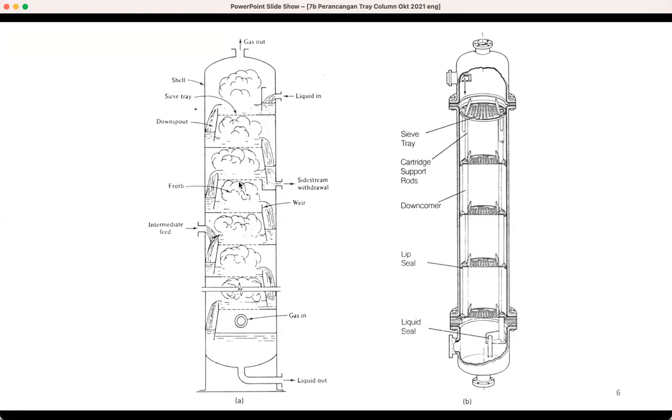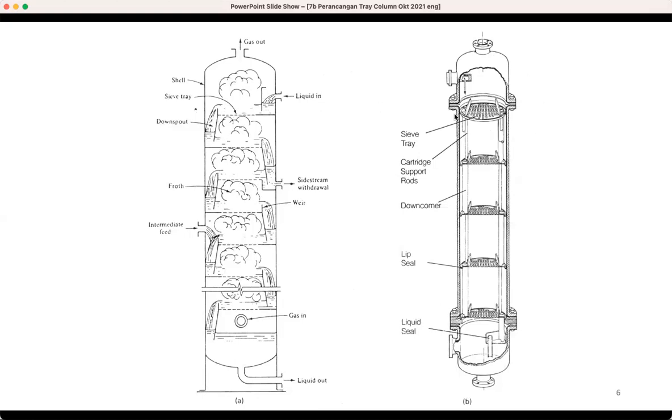From the bottom, you can see some vapor, and the vapor will make kind of like a froth or smoke there, and it will flow through the sieve tray there. So in each stage, the liquid will contact with the vapor, and the equilibrium will go this way, resulting in a new composition of vapor and a new composition of liquid that goes out of the downcomer.